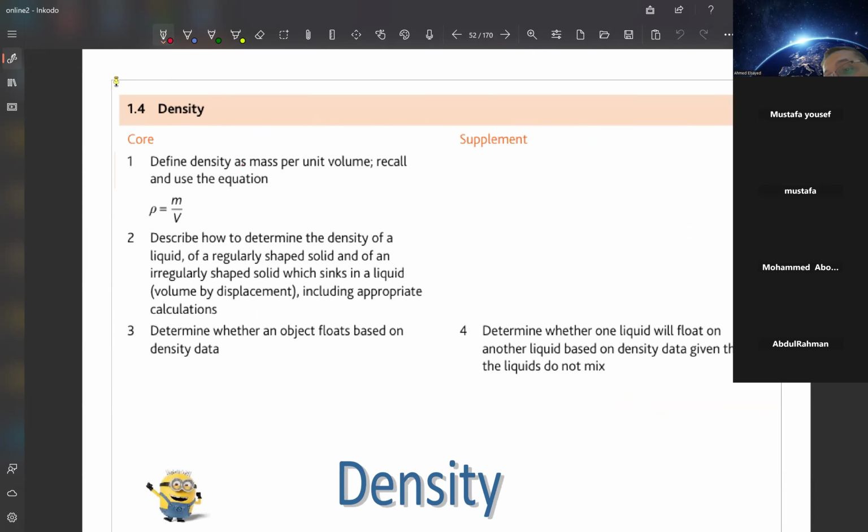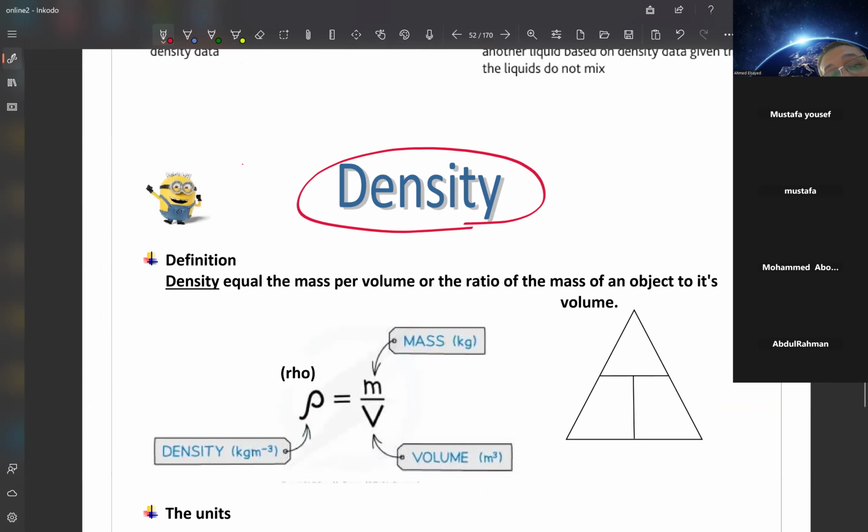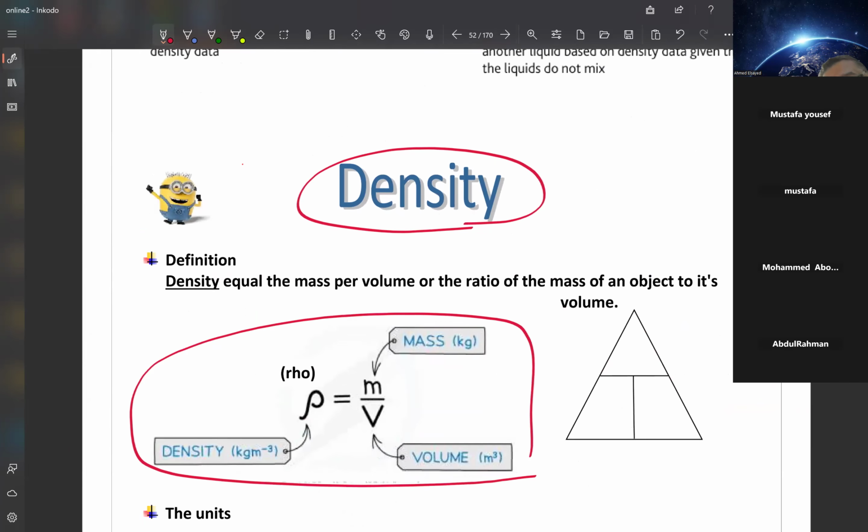Now we will move to density. Density definition comes from the equation: density equals mass over volume. The symbol of density is called rho. What's the unit of density? It depends on the unit of mass. If mass is in kilogram and volume is in meter cube, then the density unit will be kilogram per meter cube.